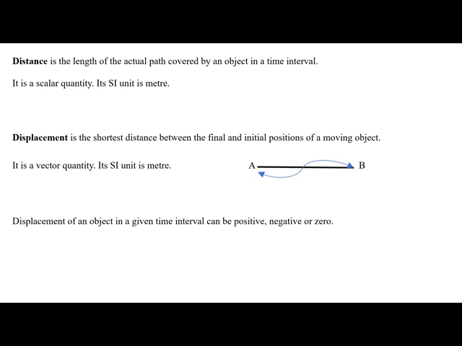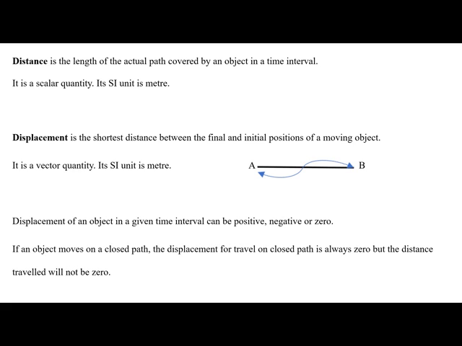Now you see, displacement of an object in a given time interval can be positive, negative or zero. If it was from A to B direction, it will be positive. If it was from B to A, then it would be negative. In a closed path, the displacement is always zero.